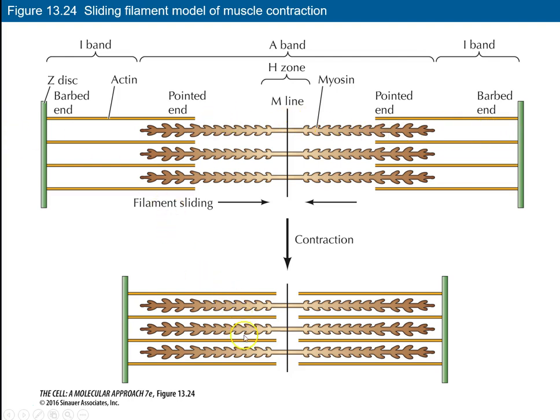So both of these edges pull in, and you notice that what you had here is a slight overlap between actin and myosin, right? But at contraction, you basically see that the actin and the myosin are completely overlapped. So they slide essentially past each other, okay? And that's what this is saying, filament sliding. In actuality, the myosin really grabs on to the actin and pulls it together.